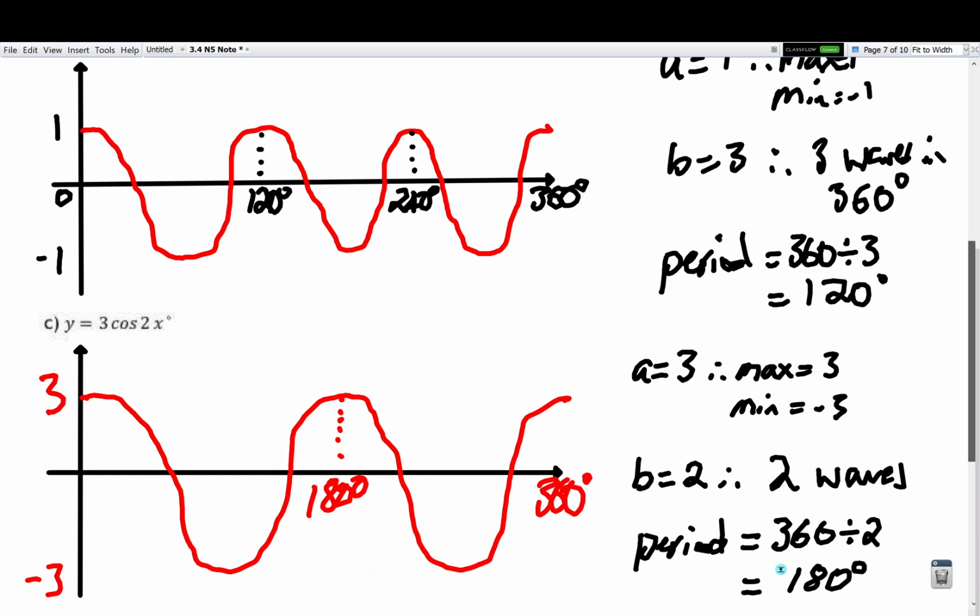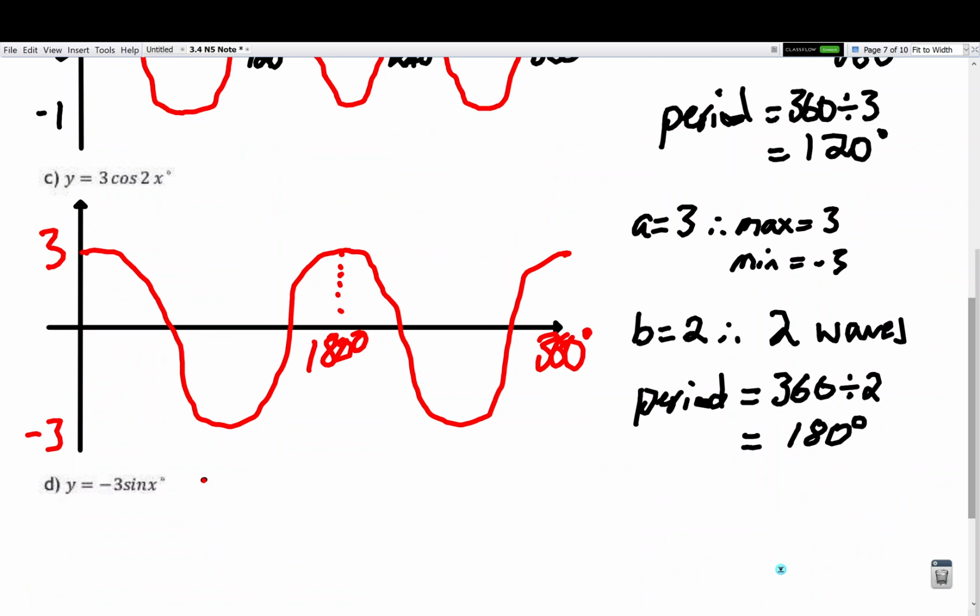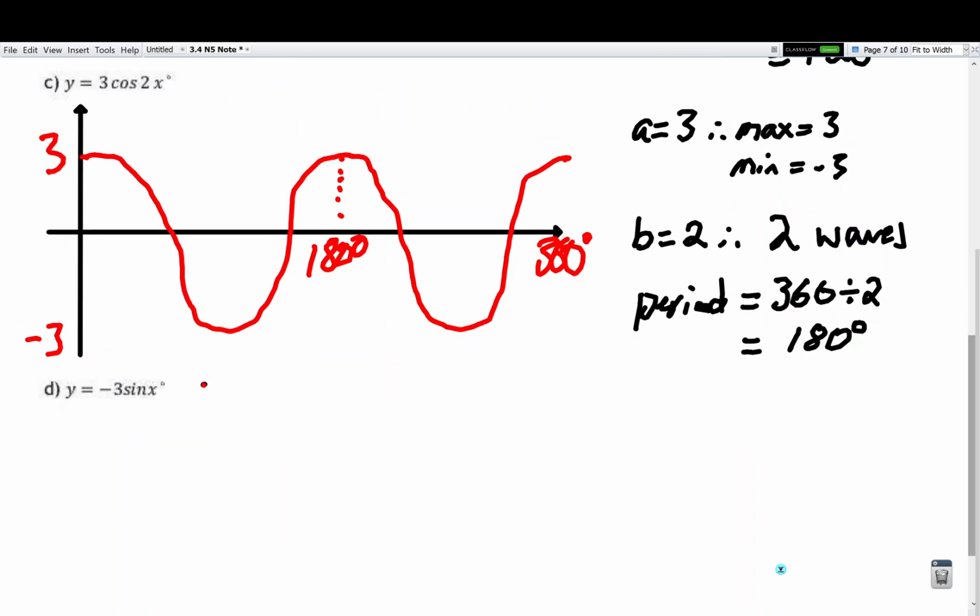Last one is when we have a negative number for our amplitude. So that's going to, remember, basically flip the graph upside down, and we'll have a look at what that looks like. So draw your axis, please.